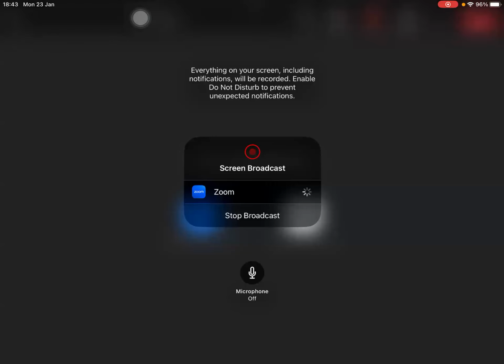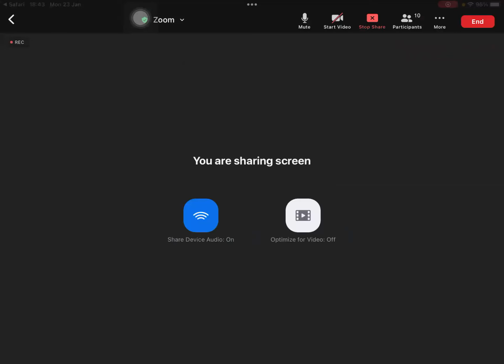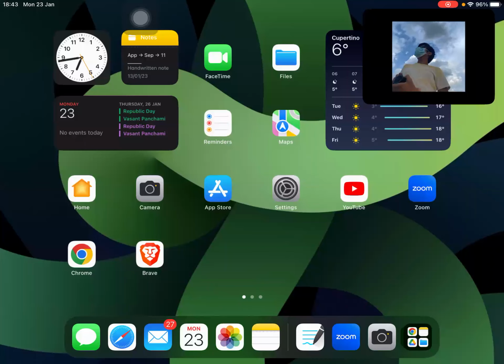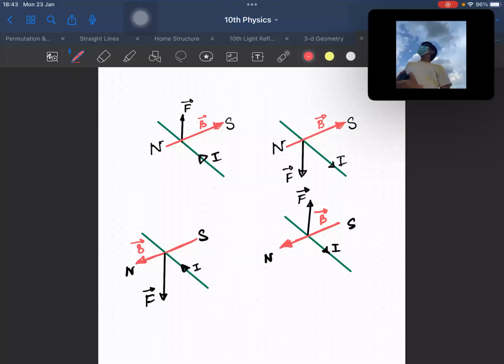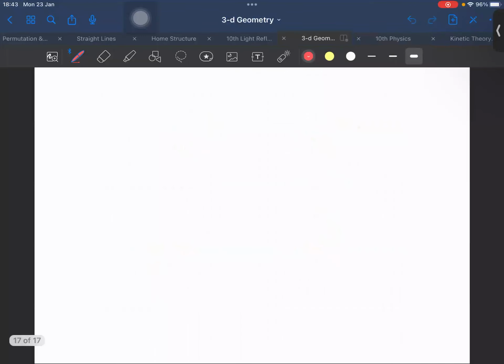Okay, now I've got host access, so let's start. Everybody is able to see the screen? So we were studying 3D geometry, right?